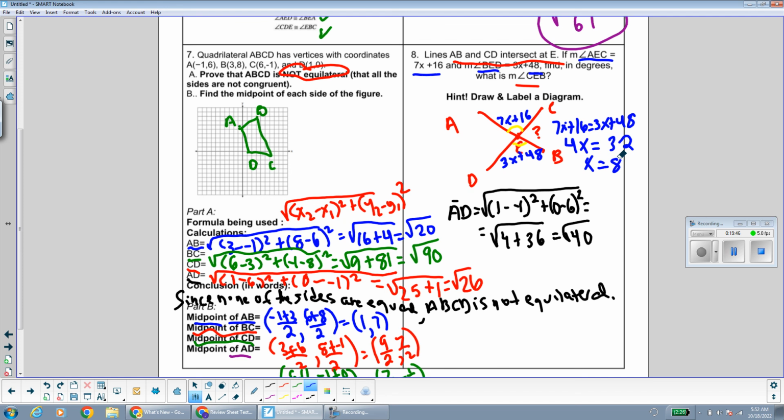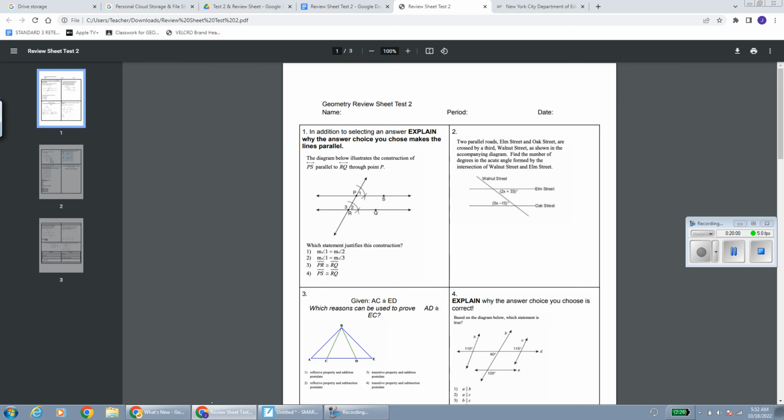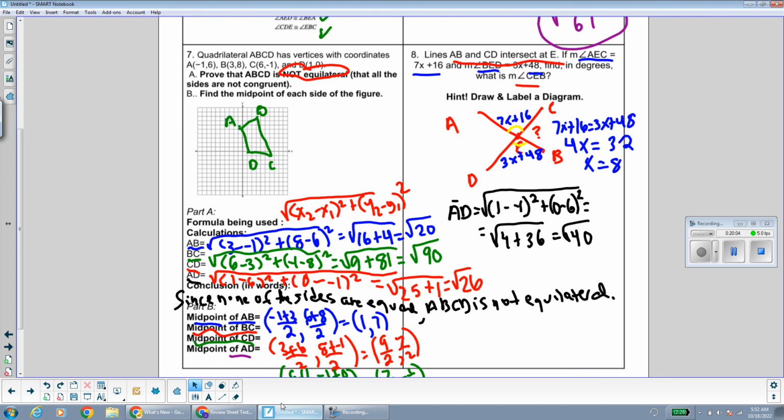Let me plug in to one of the angles. They're both the same, so I'll just plug into the top one. So 7 times 8, sorry, our x value is 8. 7 times 8 is 56. Plus 16 is 72 degrees.